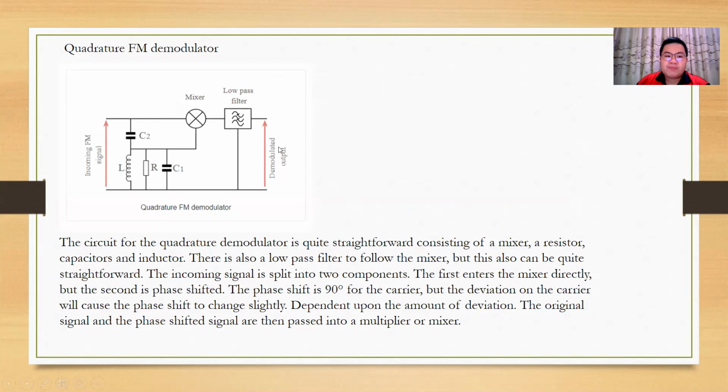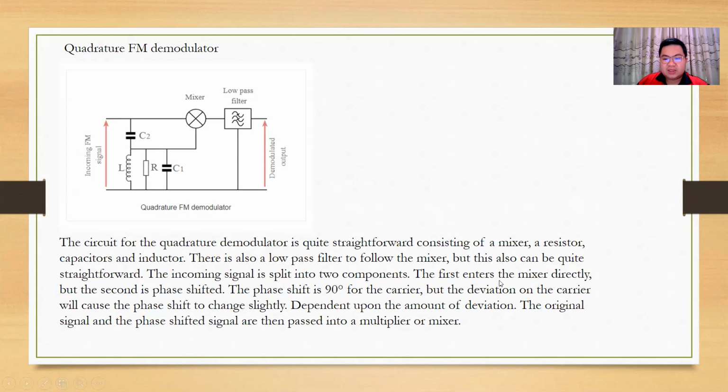Okay, quadrature FM demodulator. This is the circuit diagram. They have a capacitor, inductor, resistor, then another capacitor, mixer, and low pass filter. The circuit of the quadrature demodulator is quite straightforward, consisting of a mixer, a resistor, capacitor, and inductor. There is also a low pass filter to follow the mixer, but this also can be quite straightforward. The incoming signal is split into two components.